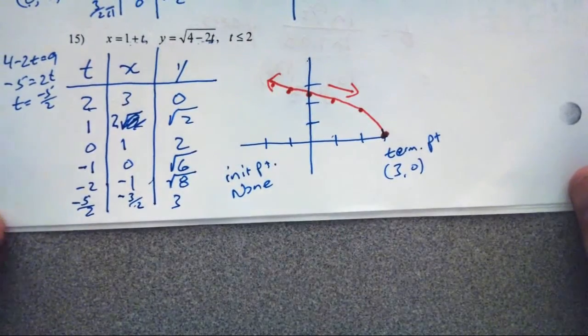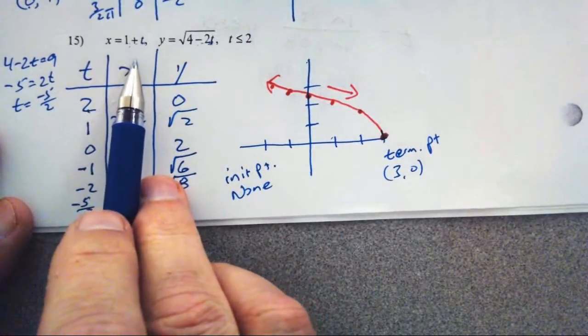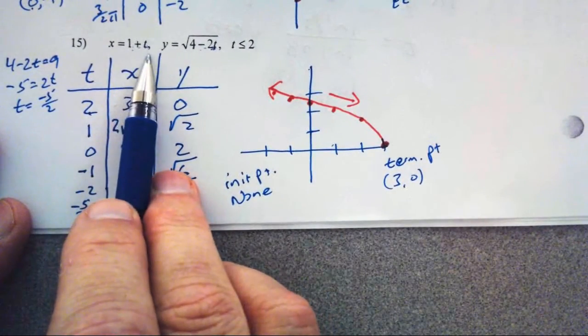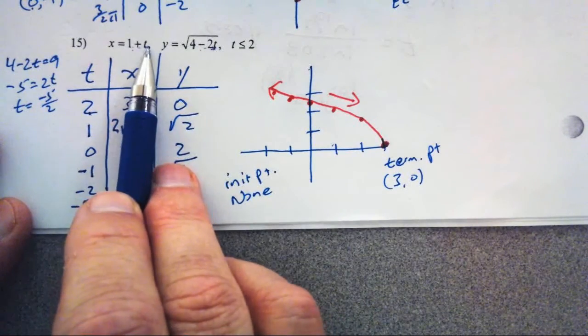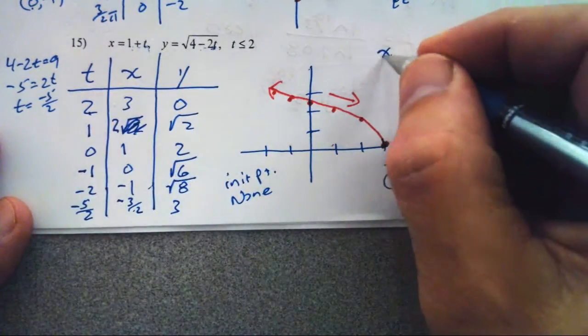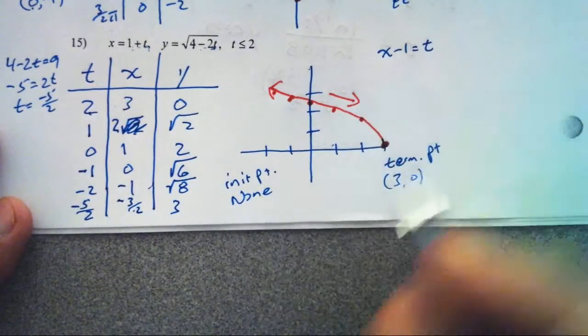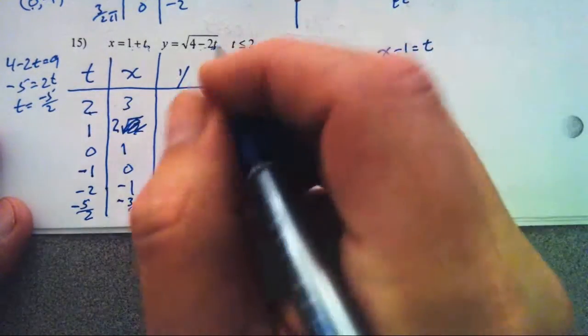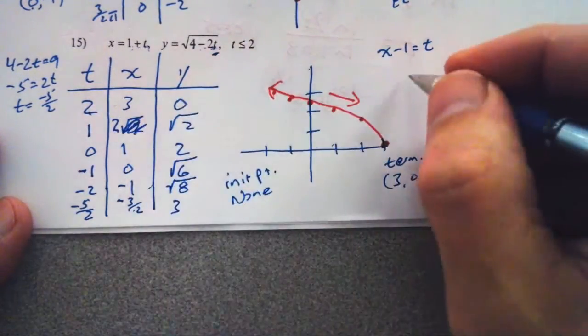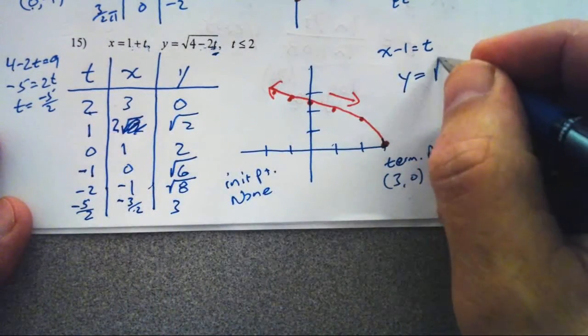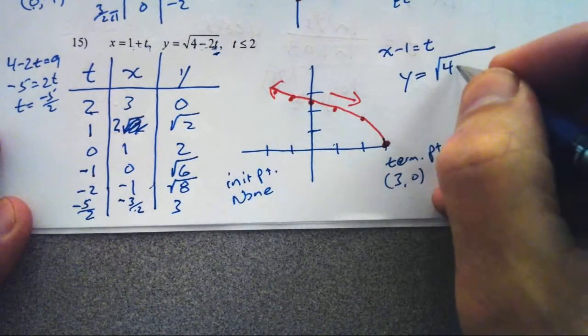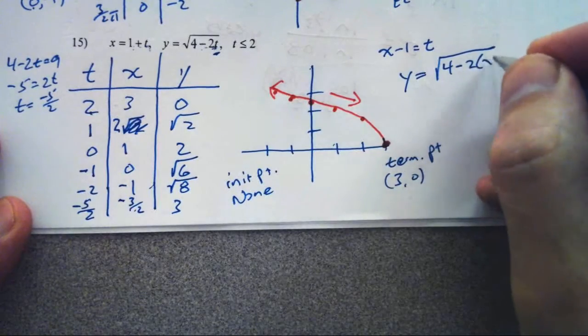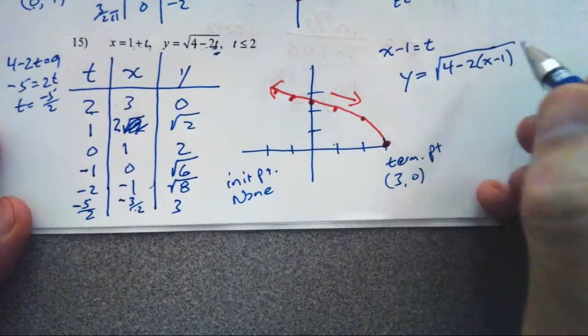So now let's eliminate the parameter. I'm going to eliminate the parameter by solving this equation for t, and I get x minus 1 equals t. If I take that value of t and put it right here, I get y equals the square root of 4 minus 2 times x minus 1.